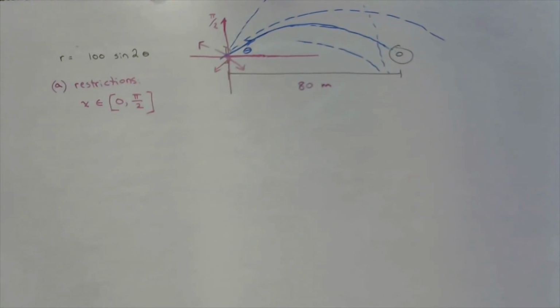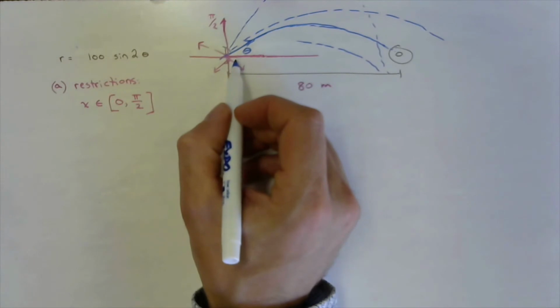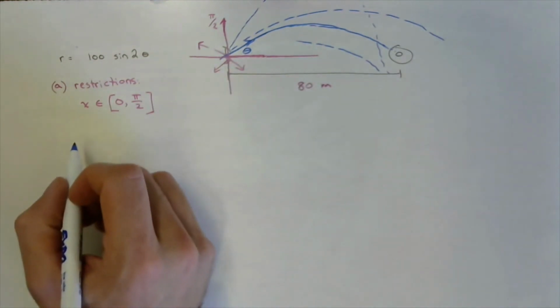So we're looking for solutions of 2 times theta that are between 0 and pi. Let me explain that.